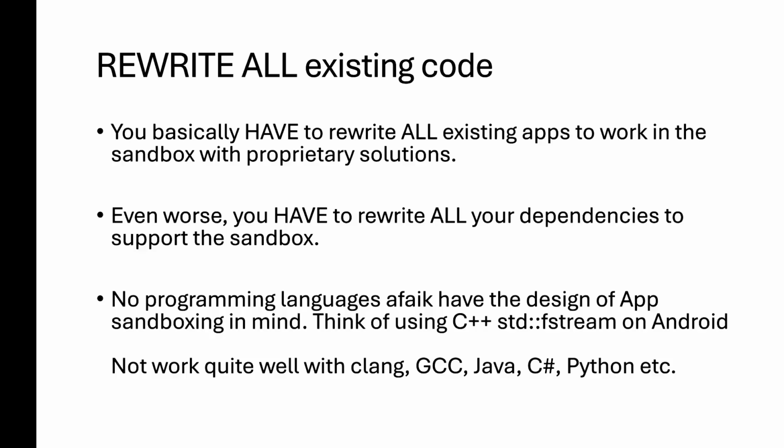What's even worse is that not only do you need to rewrite the apps, even if you say, I can rewrite the app, I could rewrite that, you also have to rewrite all your dependencies to support this sandbox, which is even harder, right? Because nowadays, it's not like 30 or 40 years ago, when people didn't use third-party dependencies.